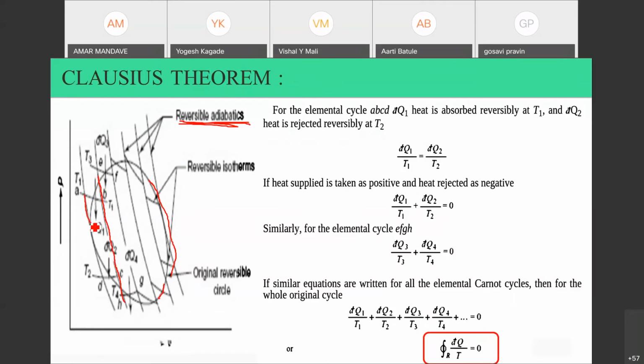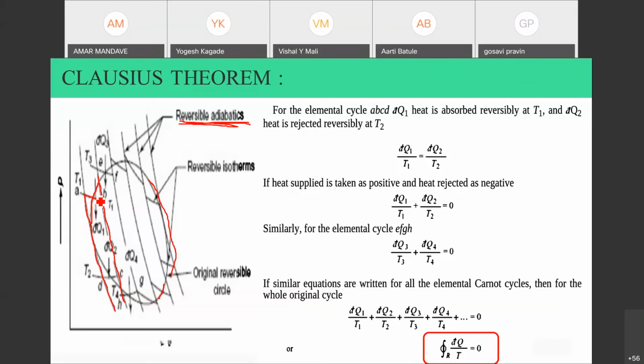Here we draw one isothermal process. The condition is that the area under the curved process from this point to this point is equal to the area under the process A to B. That means the work done during the original process is equal to the work done during this new isothermal process, A to B. So the work is the same.